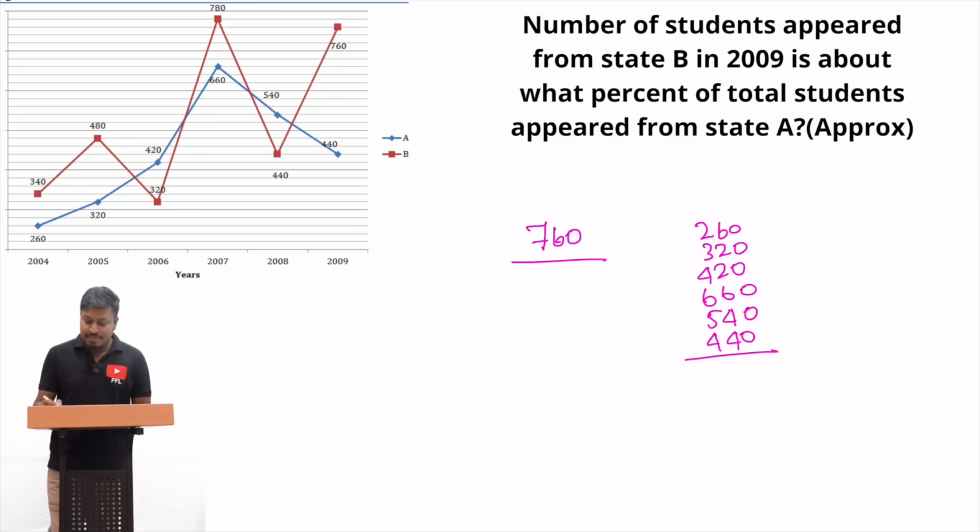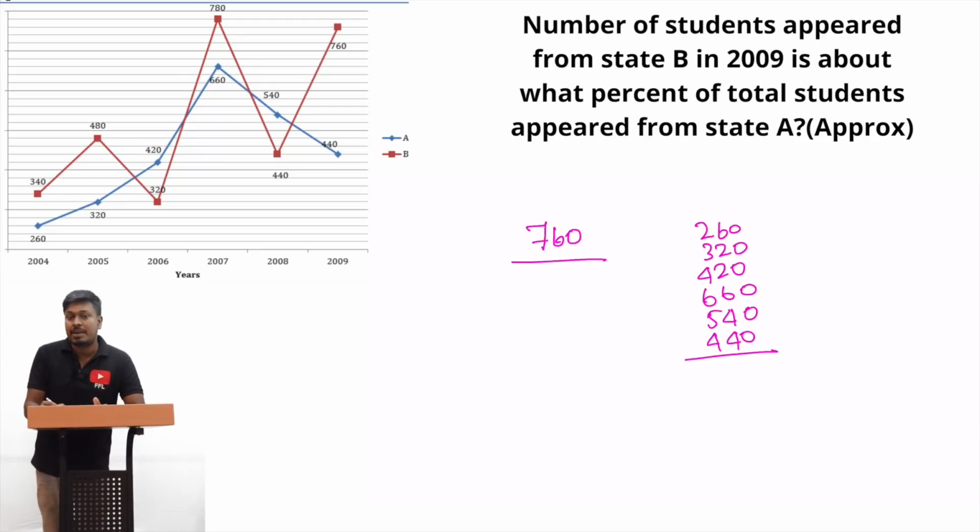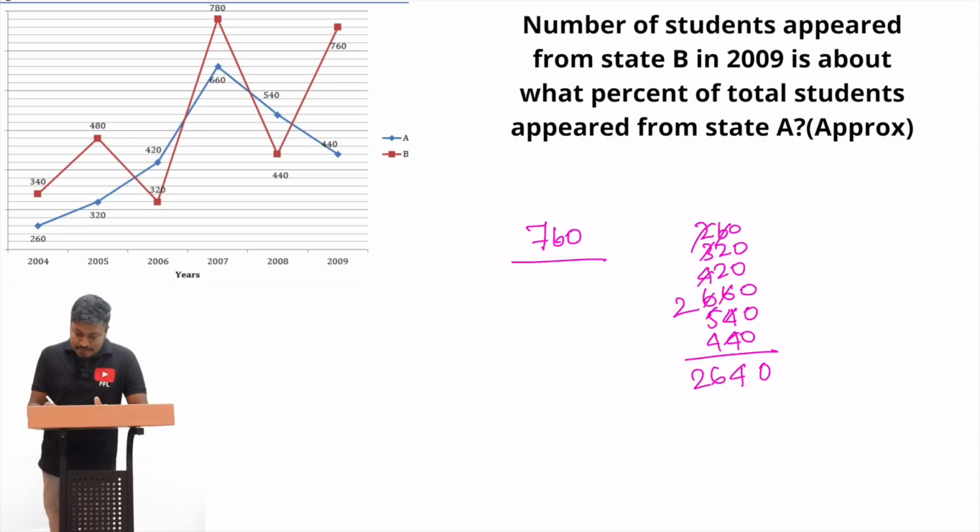So always keep these values aside, because while solving the remaining questions we can use these values. Got it? So add all the values. So this will be 2640. So 2640 into 100.